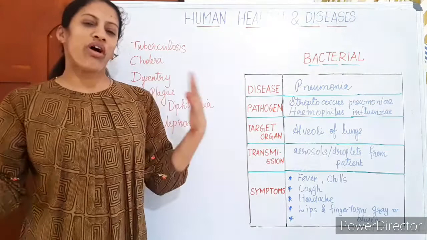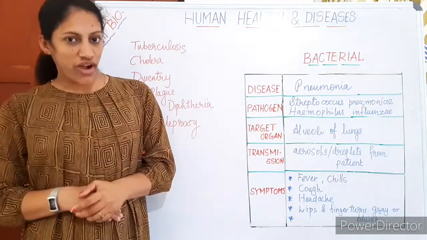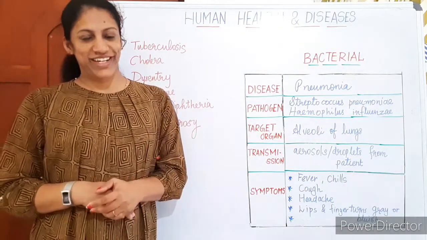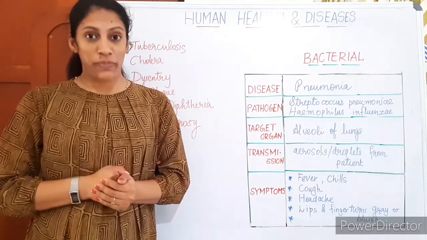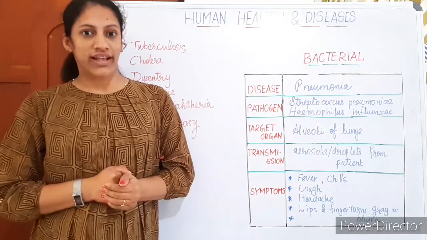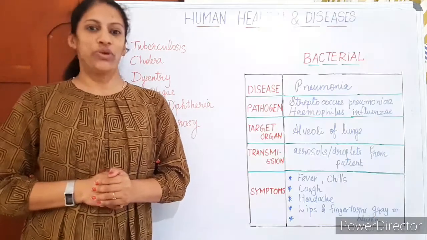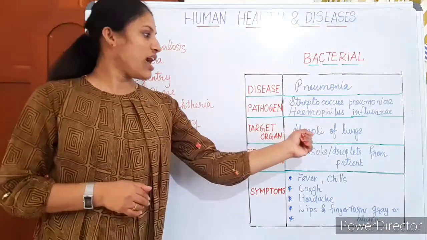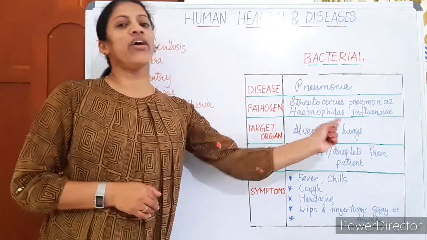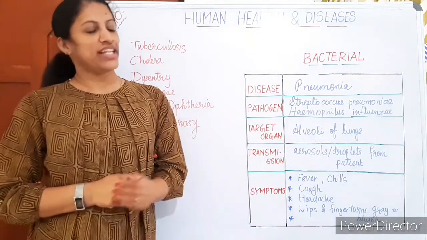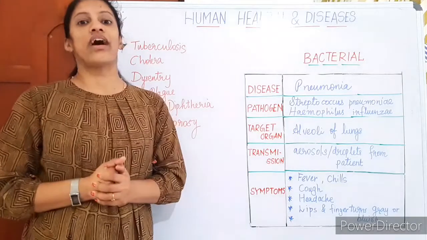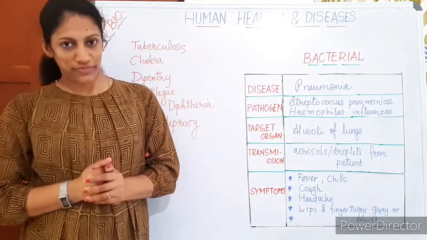You know pneumonia affects which part of our body, which organ? You are familiar, it is the lungs, especially the alveolar sacs. The air sacs of the lungs are affected by pneumonia. The target organs are the alveoli of the lungs.